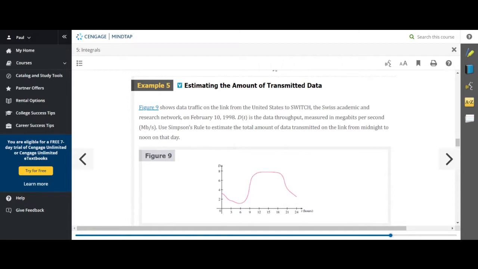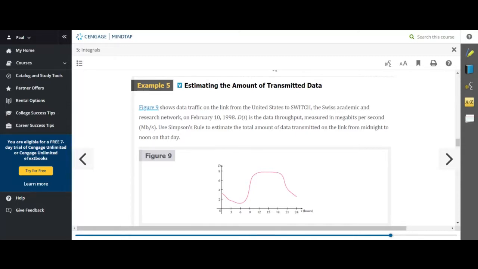The data throughput is measured in megabits per second. So it's data traffic on a link, measured in megabits per second. So the D is megabits per second.